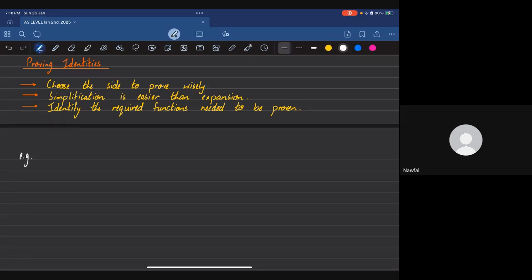this is an easier one. Usually the question statement says prove, or show that, or something of that sort.